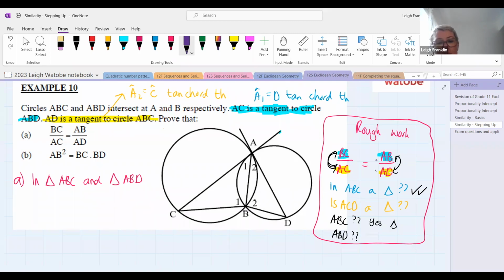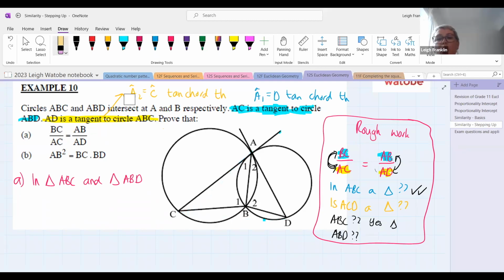And we ask ourselves, is ACD a triangle? So now if you have a look at ACD, there's A, there's C, but there isn't a straight line connecting C to D. So it's not a triangle. There has to be a straight line connecting C to D for it to be a triangle, which there isn't.